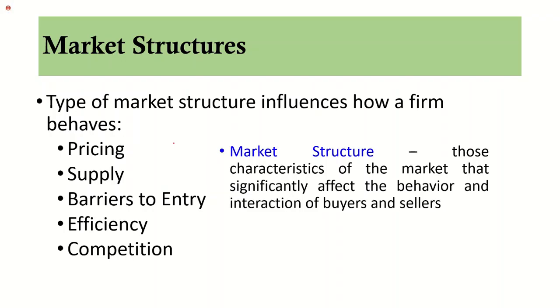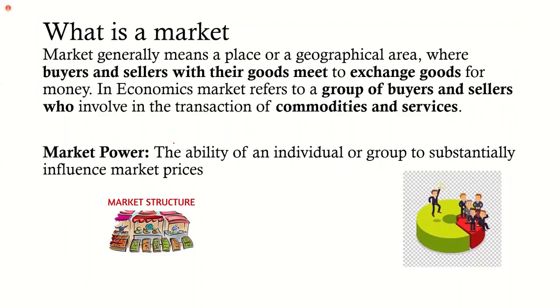And all these types of markets are characterized by similar characteristics when it comes to pricing, supply, barriers to entry and exit, efficiency, and competition. I think this would be clearer if I take an example.